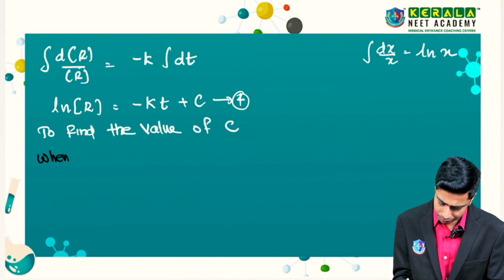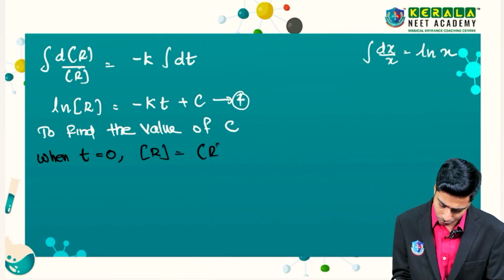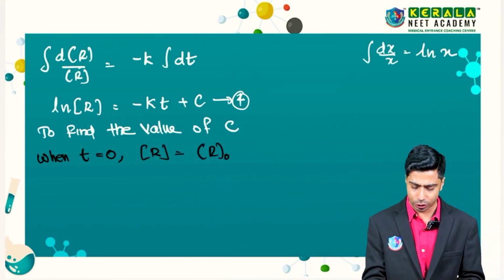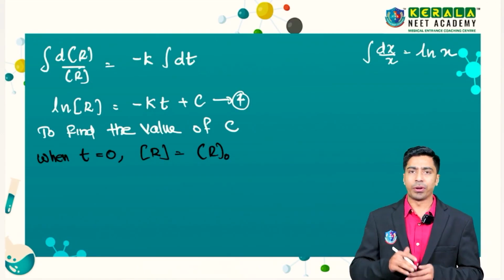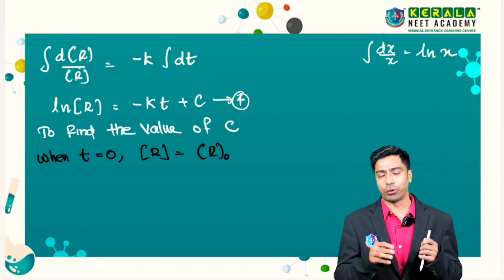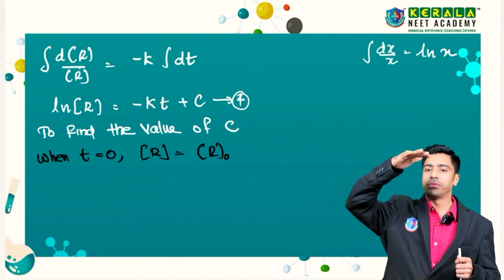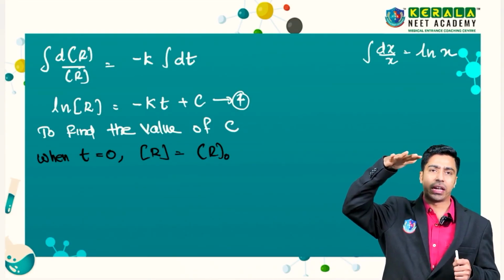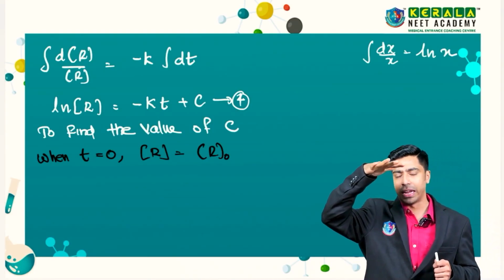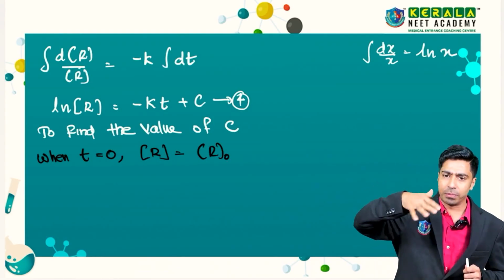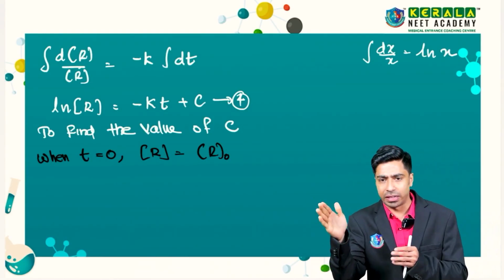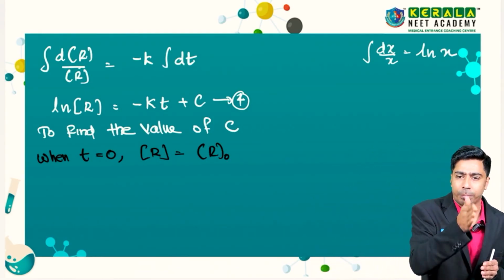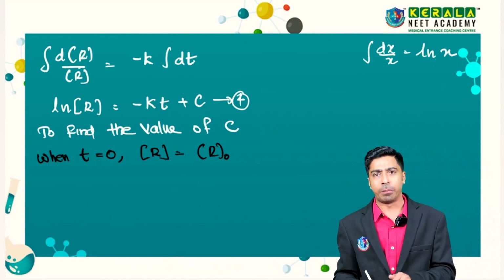When t becomes 0, [R] will be equal to the initial concentration [R]0. In the previous class also I told you, time 0 means the initial time, which is the initial concentration of the reactant. When the reaction starts and reaches a particular point, the concentration of reactant becomes [R].